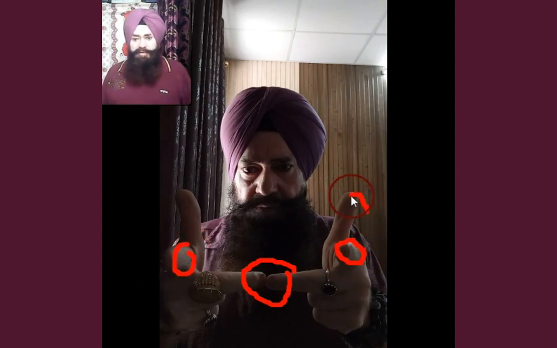Here magnetic field, here force, here motion. So that's Fleming's left hand and Fleming's right hand rule.